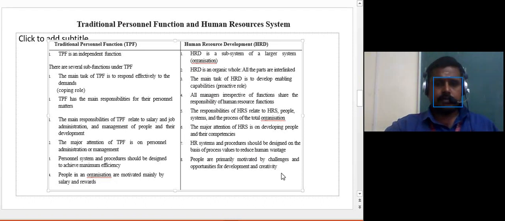But this time, people are primarily motivated by challenges and opportunities for development and creativity of their own. So that is what you can understand from the differences between the traditional personnel functions and the human resource development system.